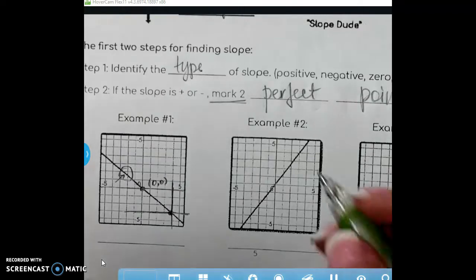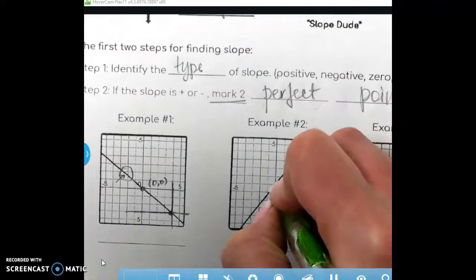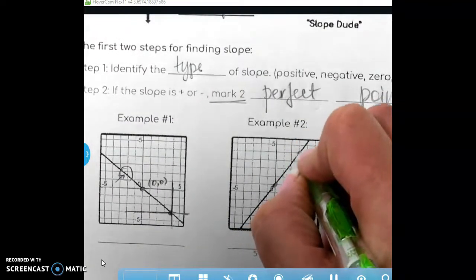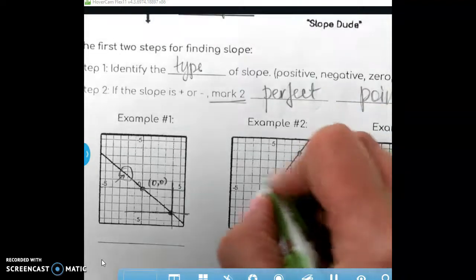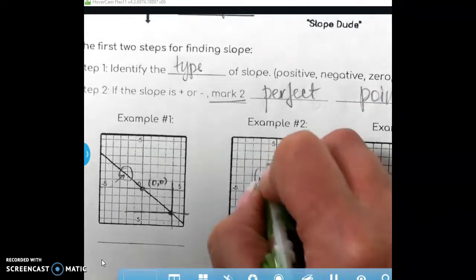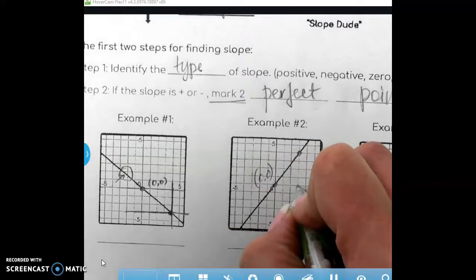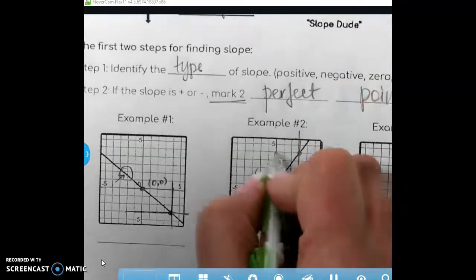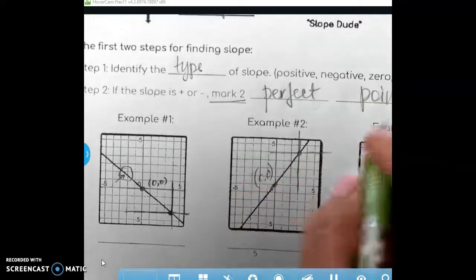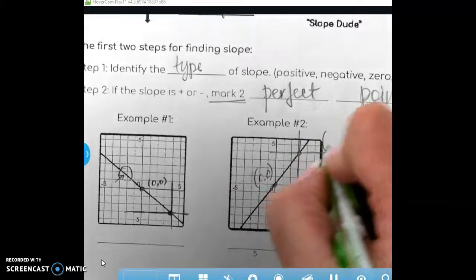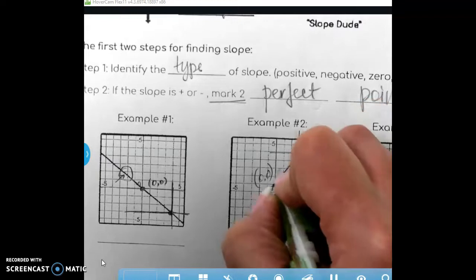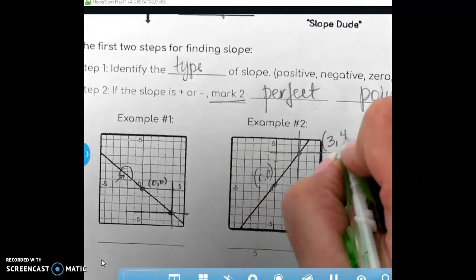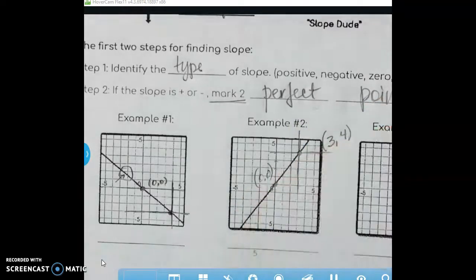All right, let's take a look at this example. Of course, your origin right here, and this particular graph right here. So it's origin, and then if I were to find the coordinates, is it perfectly positioned? Yes, it is. So I can say this is 3 and 1, 2, 3, 4, so 4.